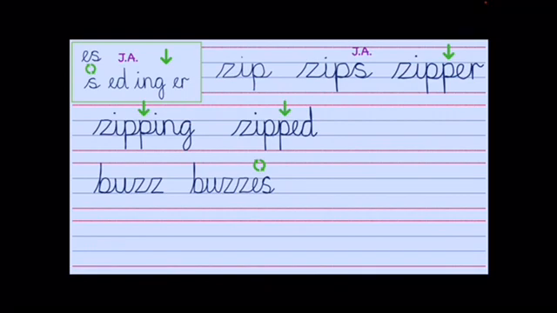How about the word buzzer? Buzz again as our starter word. Double Z already. So when we add ER, we just add. And fizzes. Fizz is our starter word.